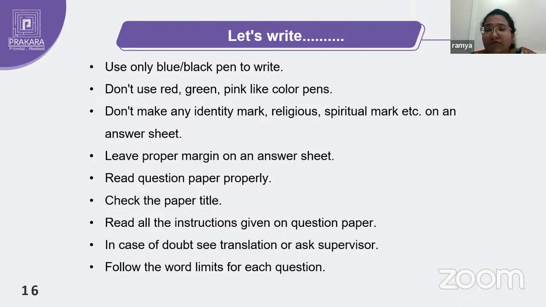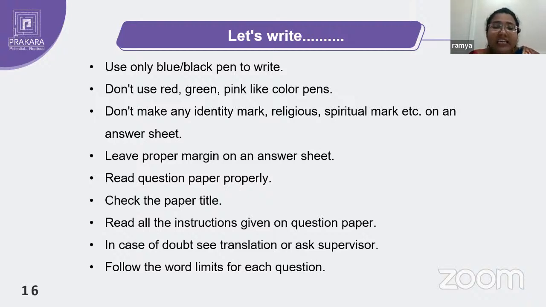For example, in the first session, you should write all the multiple choice questions. In the second session, you should write only 2 essays, maybe 3 of the following. Like that, some instructions will be given. So firstly, you should read all the instructions on the paper, and accordingly you should write the answer sheet.